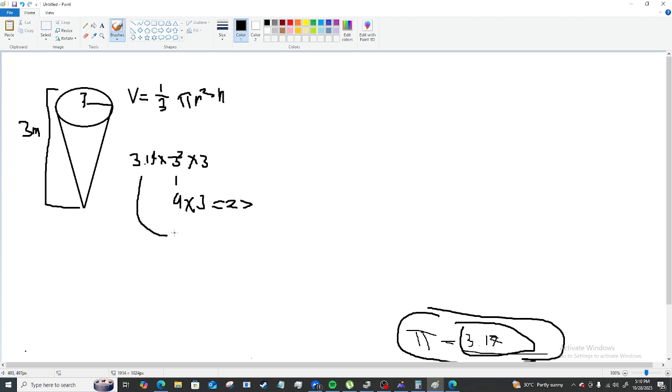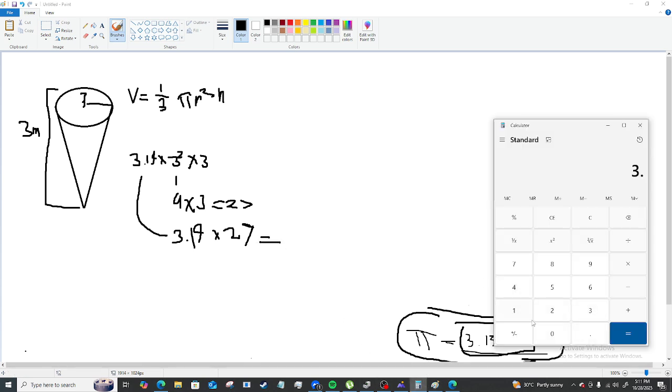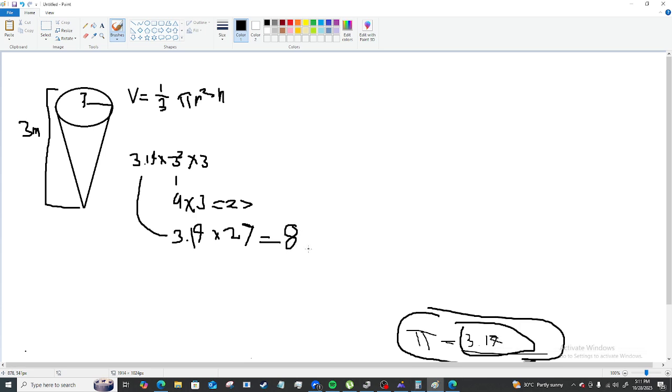Now let's solve. 3.14 times 27 equals 84.78 meters.